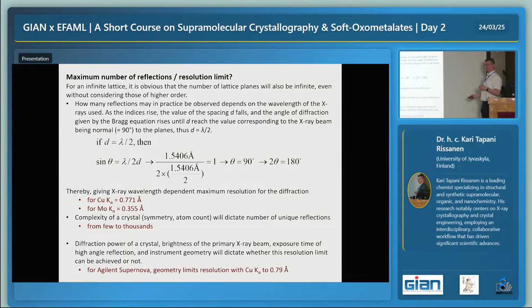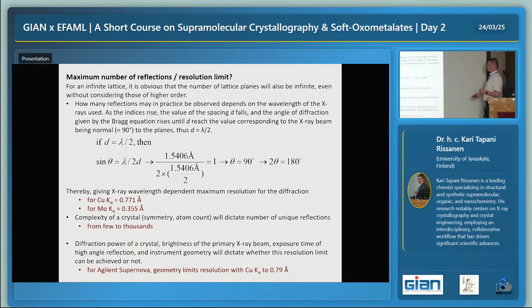That's the same idea. So the resolution means how close objects we can see with the individual radiation. And if this wavelength gets very long, then the resolution is not suitable for us anymore. That is one of the reasons why we use X-rays, and copper radiation and molybdenum radiation are what we are using.